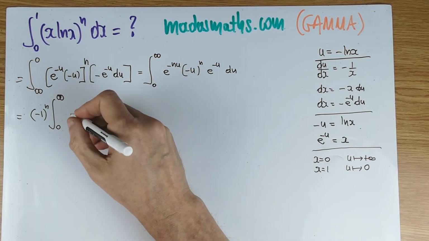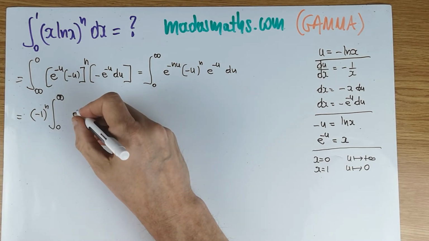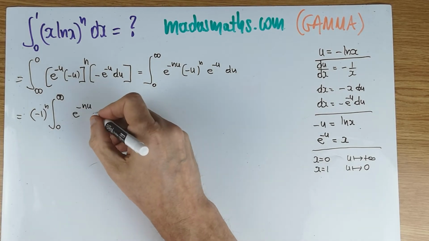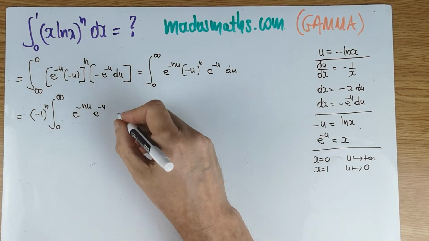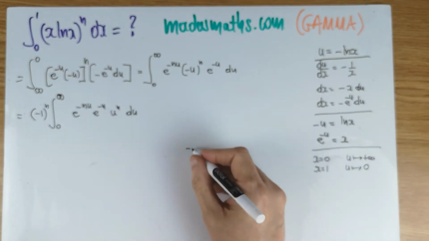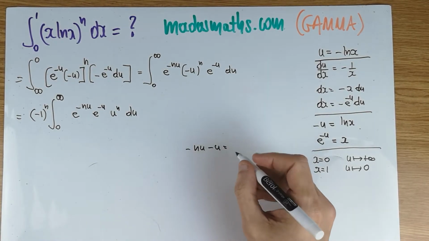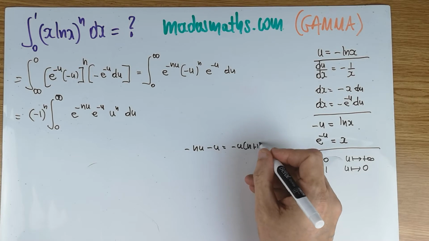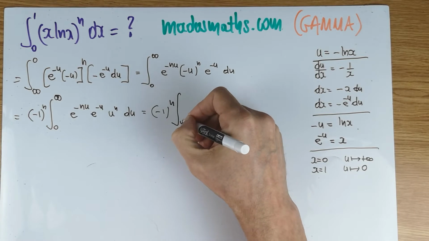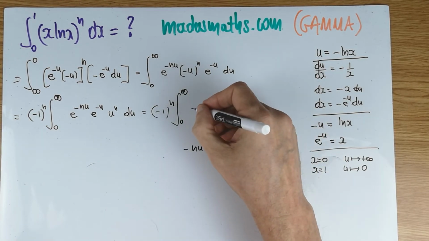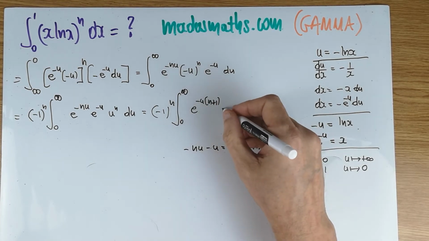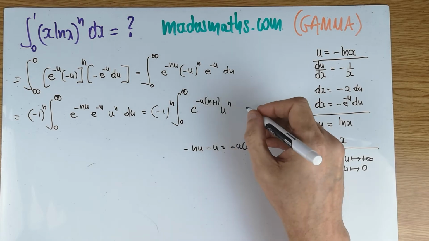Let me write it because I'll probably make a mistake. So that's e to the minus u, and then, of course, the minus I wrote at the front, so that's going to be a u to the n du. Now if you look at minus nu minus u, that is equal to minus u times n plus 1. So that's the exponent. So far, we have this quantity here: e to the minus u times n plus 1, and then we have u to the power of n du.